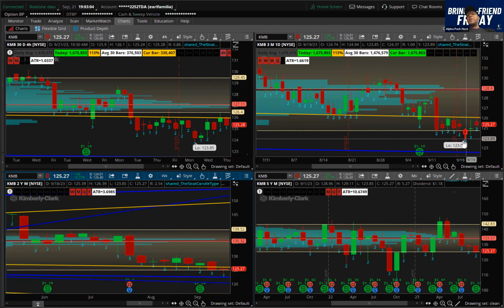For those looking for puts, maybe we've been trending down and needed to TTO up for a little bit, and that's what we did. Then we came in contact with the first broadening formation and got rejected there today, which signals that we're going to go back to the downside and force into continuity again.